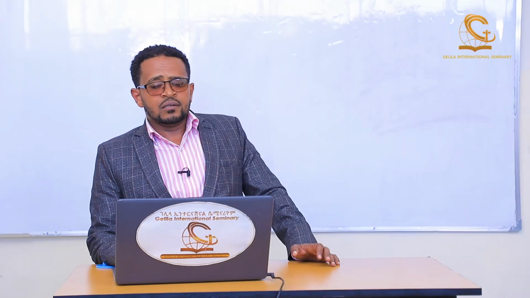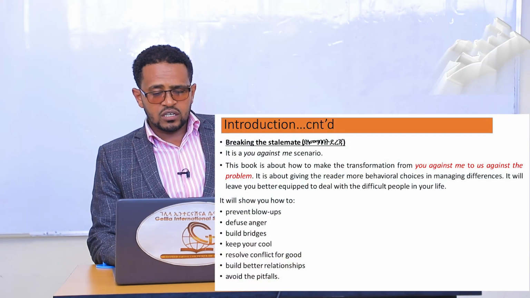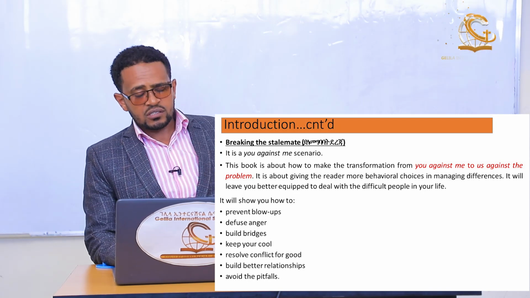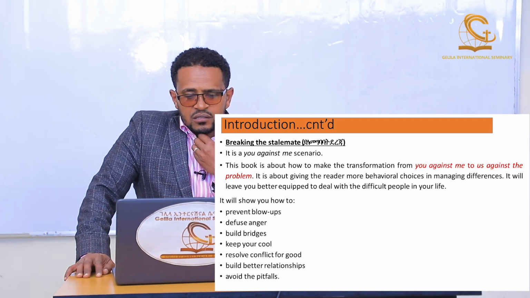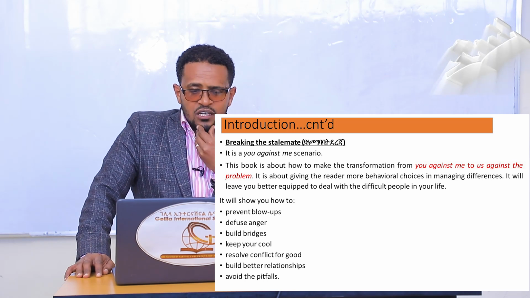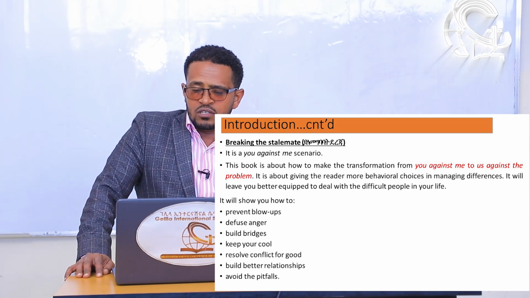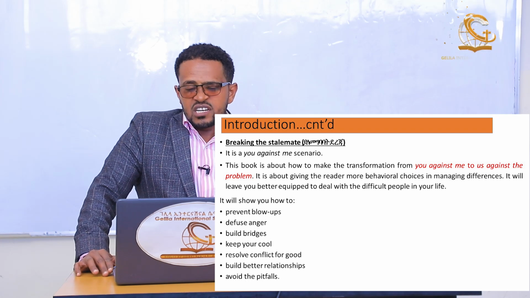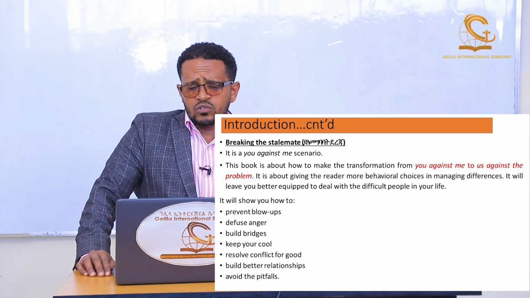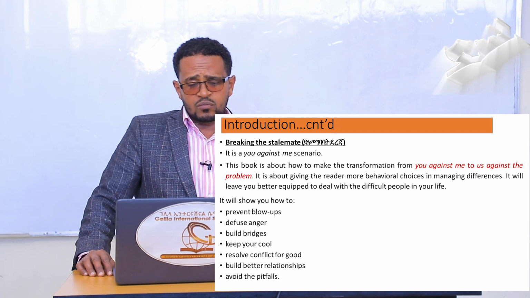The other issue that follows conflict is breaking stalemate, which is communication barriers at different levels. It is a you-against-me scenario. You can read more about these issues in chapter 1 of your course book.